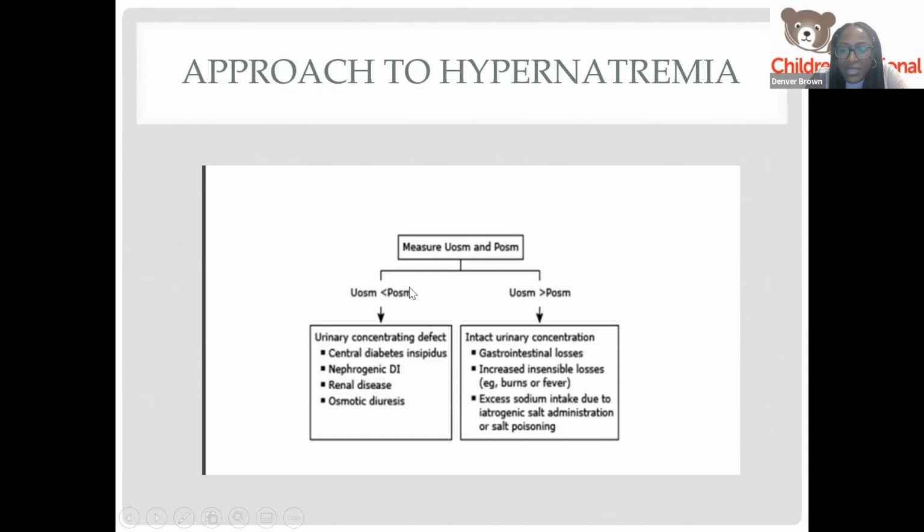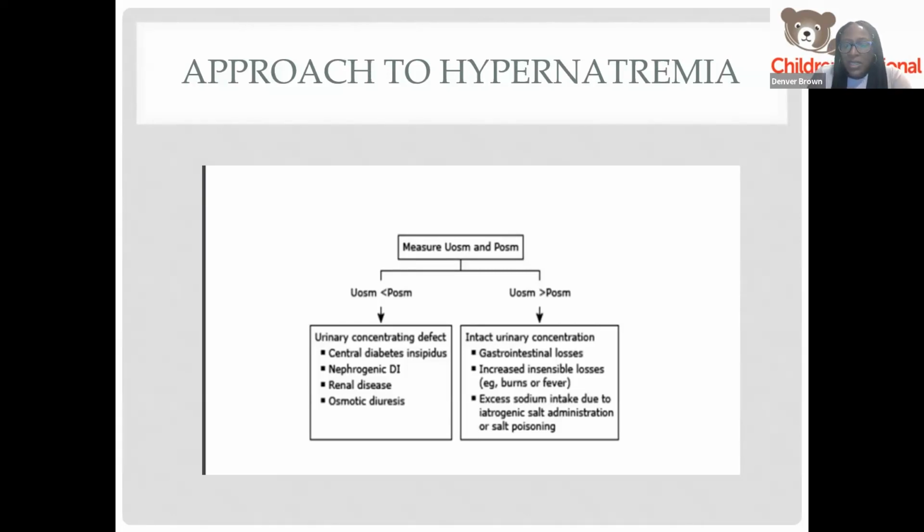If your plasma osmolality is greater than your urine osmolality, you want to think about a urinary concentrating defect, such as diabetes insipidus, whether it be central, meaning there's a problem with the brain releasing your vasopressin, or nephrogenic, meaning the kidneys may be resistant to vasopressin.